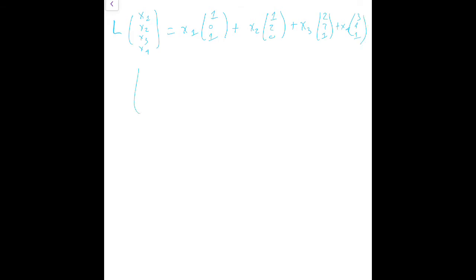Okay, so the matrix for this linear transformation is 1, 0, 1, 1, 2, 0, 2, 2, 1, 3, 4, 1.